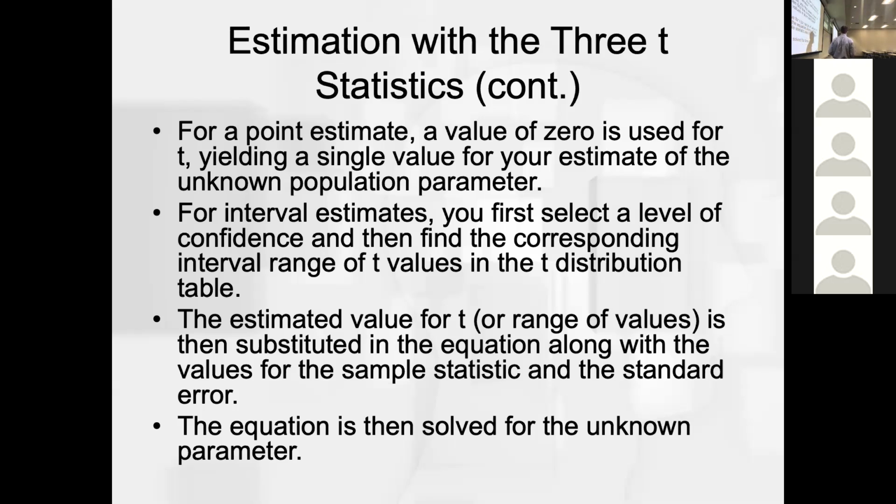We have to look that up in the back of the book and get that value. If you wanted to do a 99% confidence interval, it would be 1% and 2 tails for those degrees of freedom.